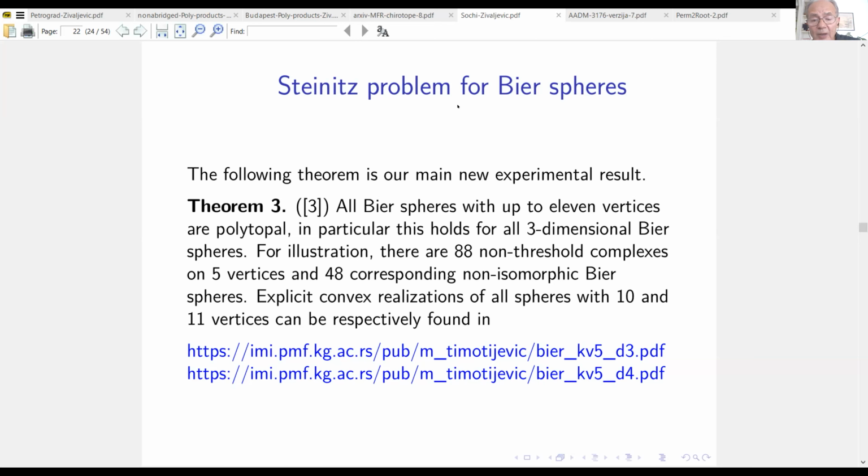So the first step was to find all non-threshold simplicial complexes. There are 88 of them, and then to find a way of testing if they are polytopal or not. By the way, here there are links to 2 PDF files with complete lists of these Bier spheres and polytopal realizations side by side with them.